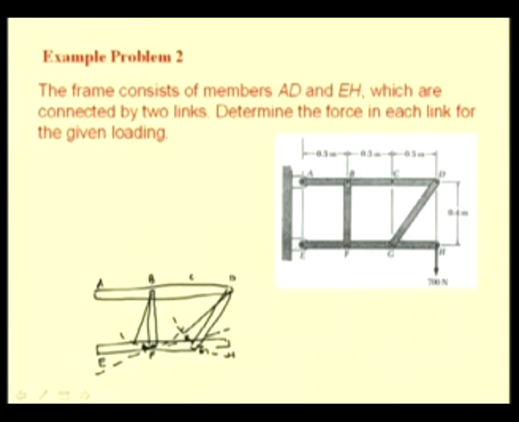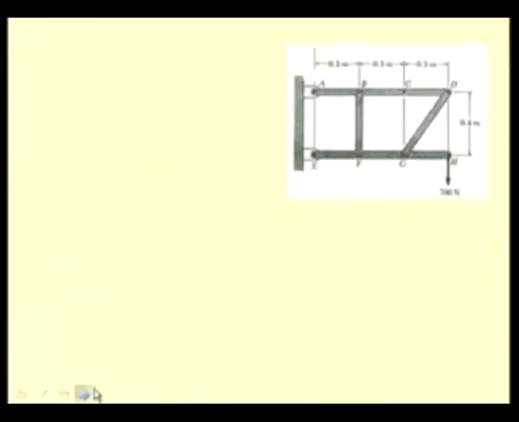So, let us construct the free body diagram of individual components after dismembering. First, let us consider this multi-force member A, B, C, D. At A, we have a pin connection. So, two components of forces are unknown, that is AY and AX. And at B, we have a two force member.